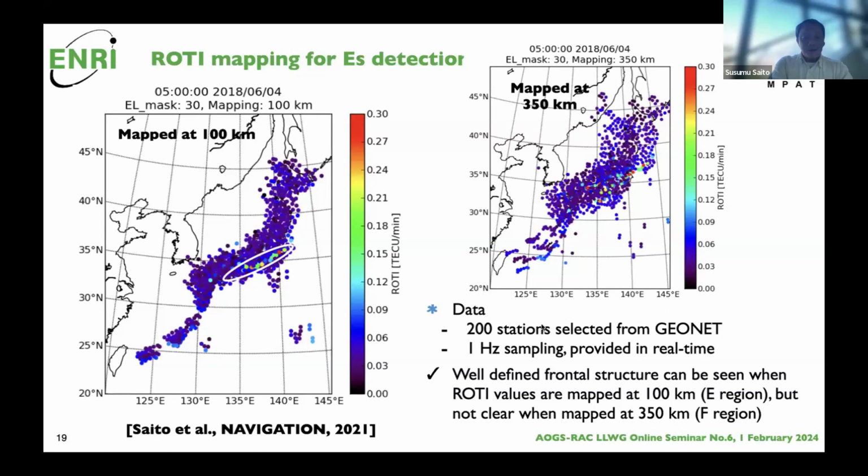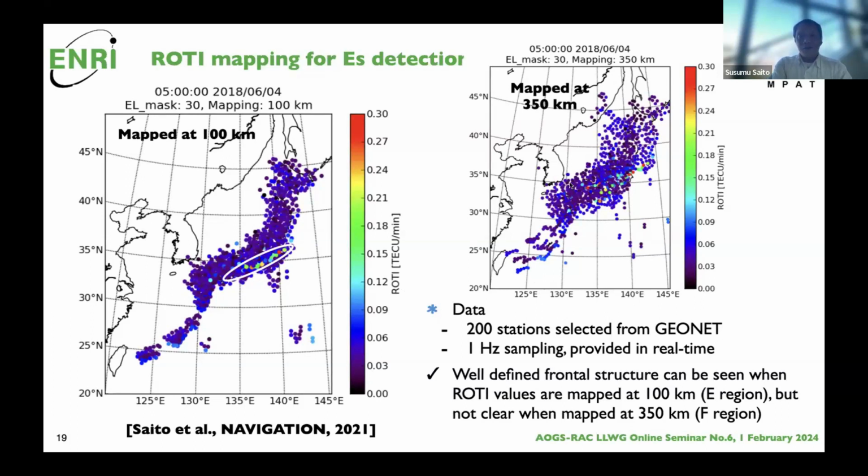If we map the LOTI values at 100 kilometer altitude, or E region altitude, we see the clear structure as indicated by white.